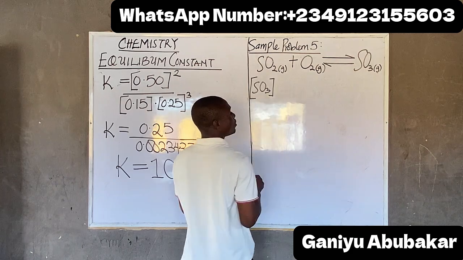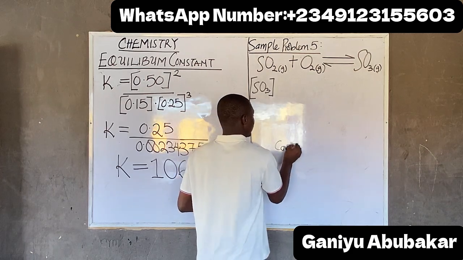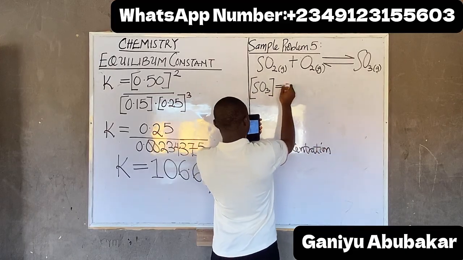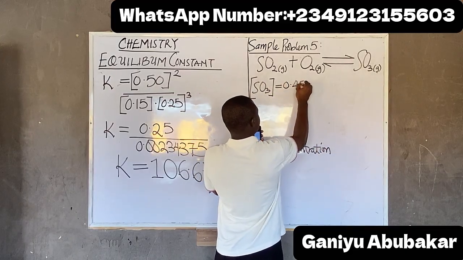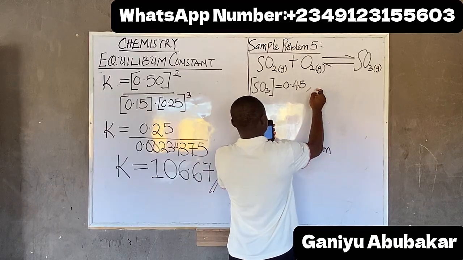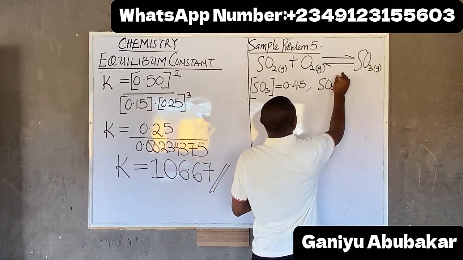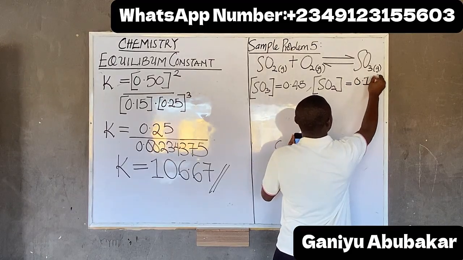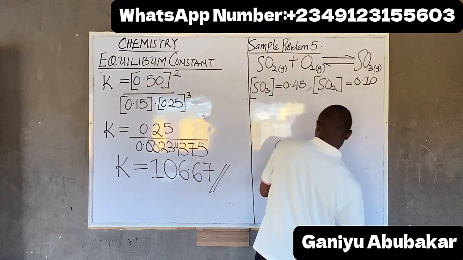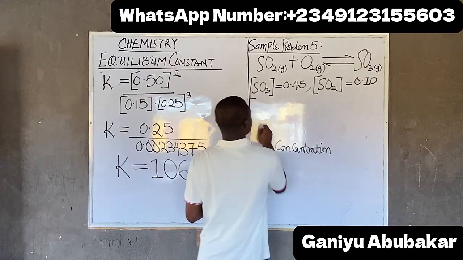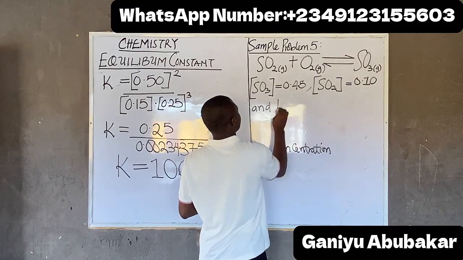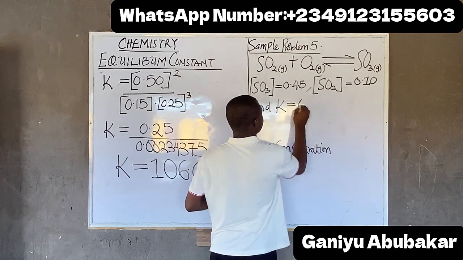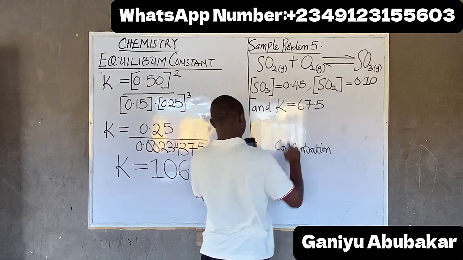This bracket means concentration. SO3 to be 0.45 mole. This gives us SO2 to be 0.10 mole, and they give us K, the equilibrium constant, to be 37.5.